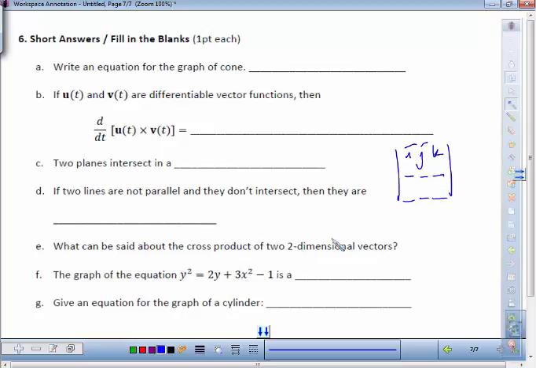If you take a look at two two-dimensional vectors, you only have two components for that. So to deal with this, we usually would put 0 in for the third component, and then we would cross it.